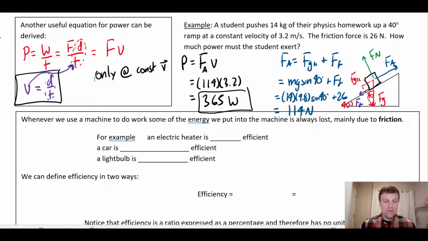Different machines are going to have different efficiencies. For example, an electric heater is like 99% efficient, which is fantastic because all the energy you put in as electricity is basically going to turn into heat, which is what you wanted in the first place. Whereas a gasoline car might only be about 30% efficient.